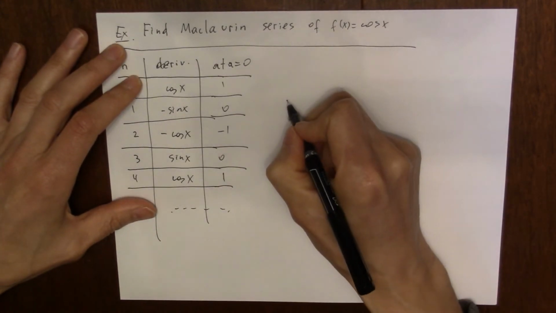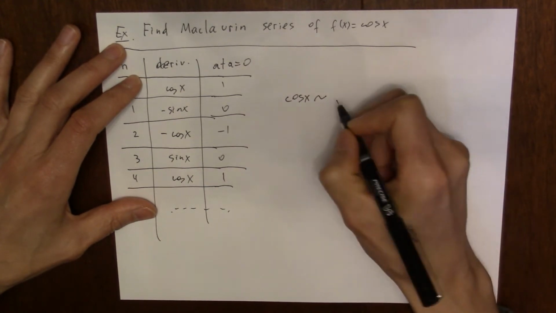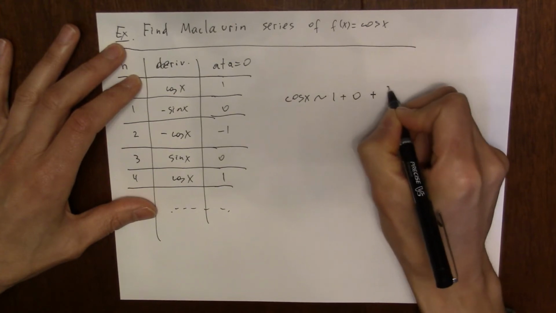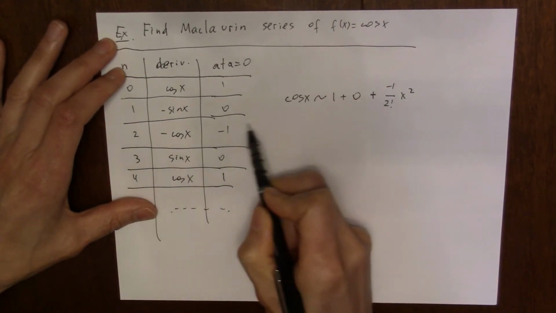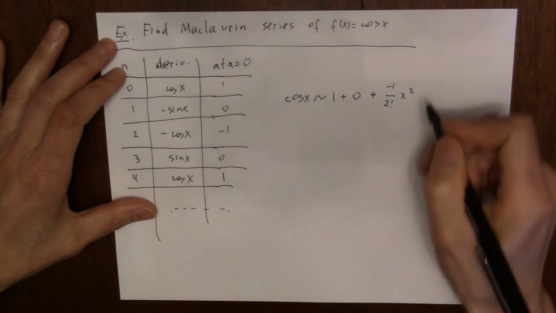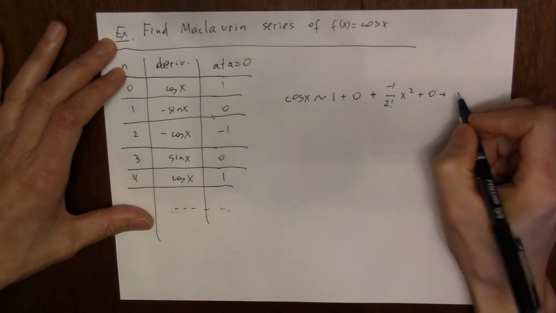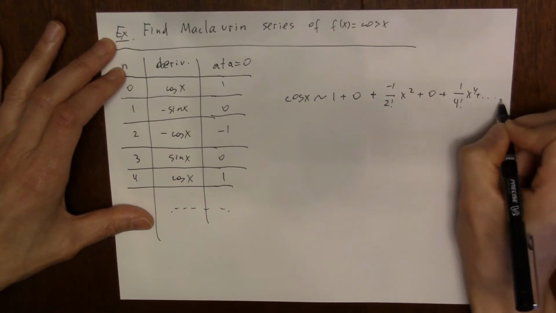So we can write the Maclaurin series for cosine x as 1 plus 0 plus negative 1 over 2 factorial x squared, because n equals 2, plus 0 plus when n equals 4, 1 over 4 factorial x to 4, and so on.